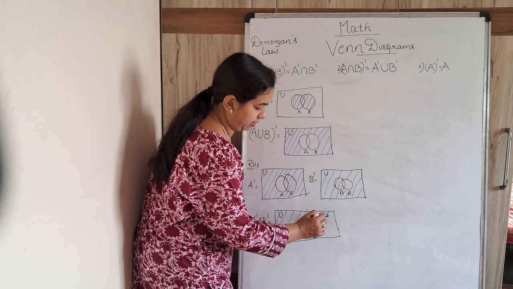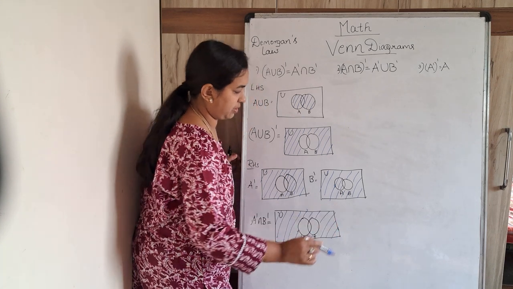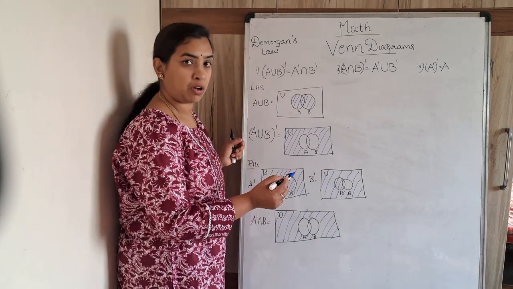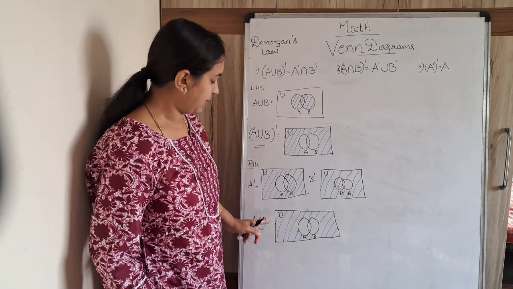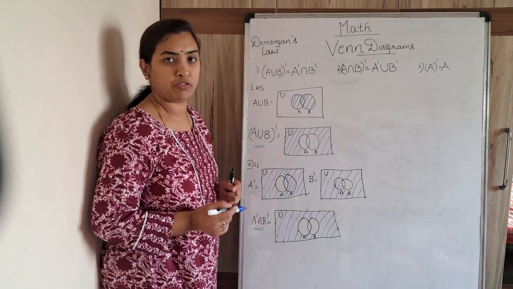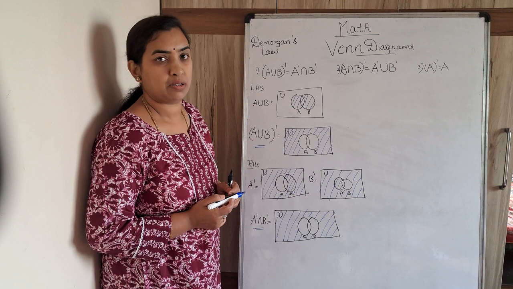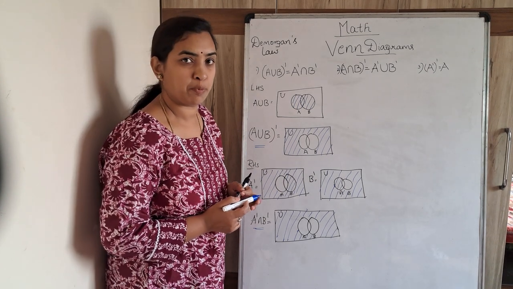So you should not shade within A and B. Okay. So now compare these two, A union B whole dash and A dash intersection B dash. Both of them are same. Okay. Hence first law is proved.